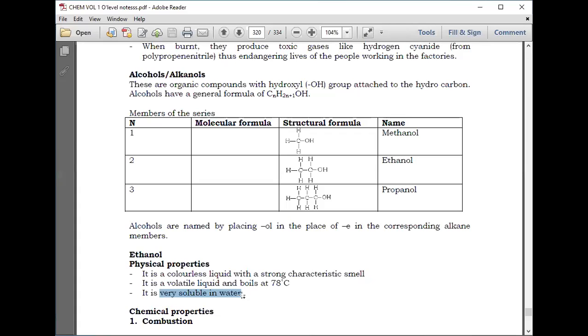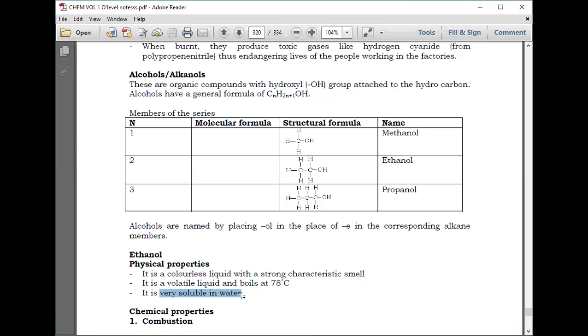We are saying ethanol is soluble in water. Now I am asking, what name do we give to the liquids that dissolve in each other to form a uniform solution? Someone, please, faster. Miscible liquids.